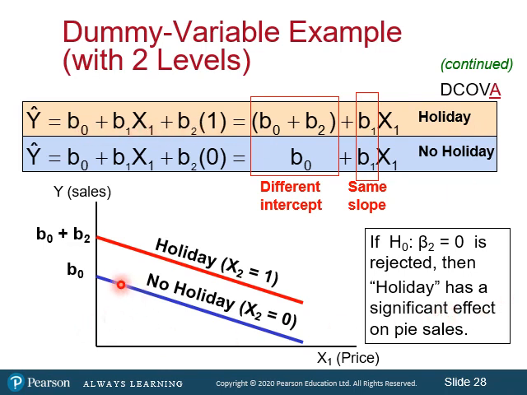Group 0 will be what we call the benchmark group here. We want to see whether, when there is a holiday in that particular week, the line will be higher or lower. If you get a positive beta value, it denotes that the slope is higher than the 0 group. If you get a negative beta, it denotes the slope is lower than the benchmark group.